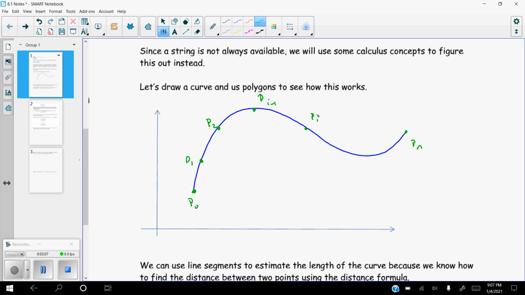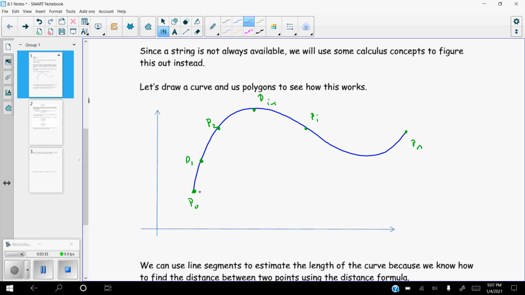So what you have to do is imagine that these are infinitely close together. What we've done is we've zoomed way in on some piece of a curve. That's kind of hard to imagine, but that's what you have to imagine. The concept is this: I know that I can measure the distances between these points.